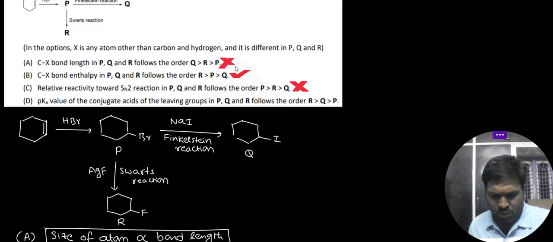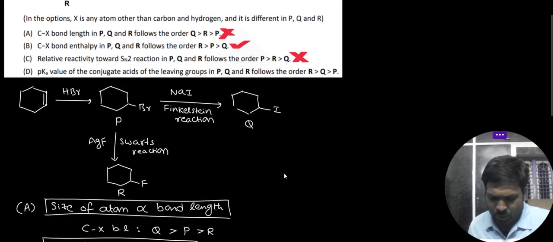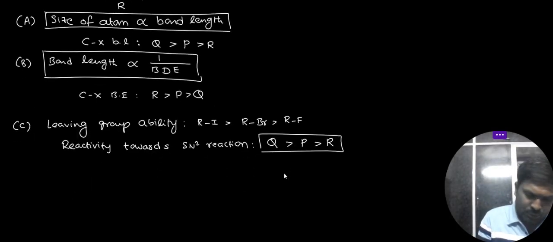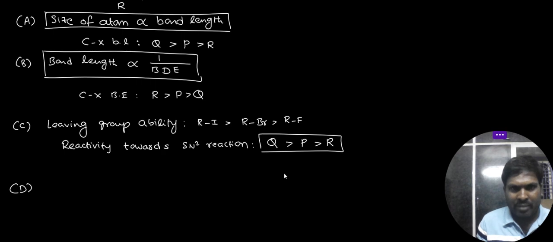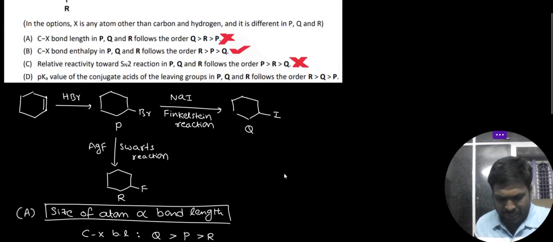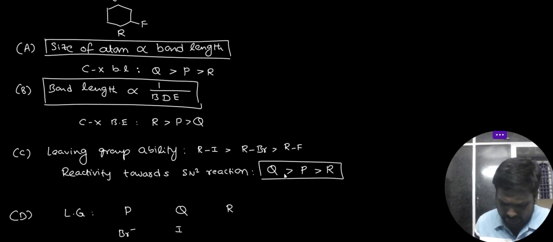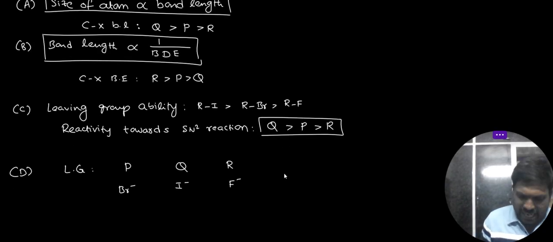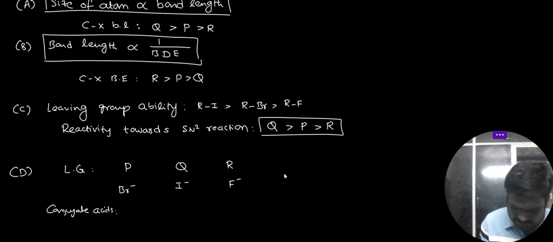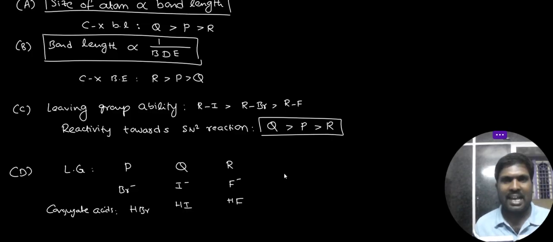So here we write the leaving groups: in P the leaving group is bromide, in Q iodide, and in R fluoride. Their conjugate acids are HBr, HI, HF.